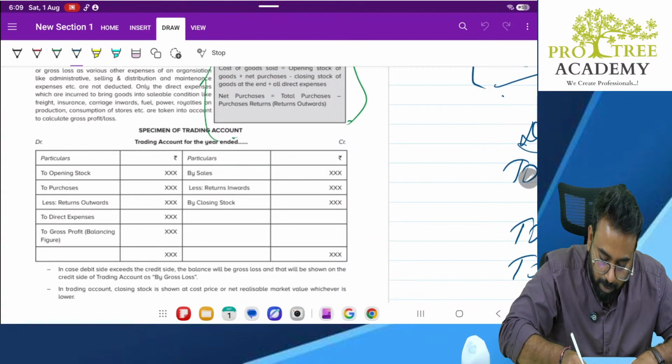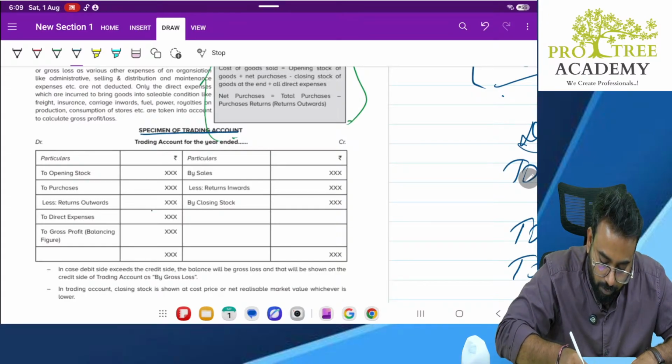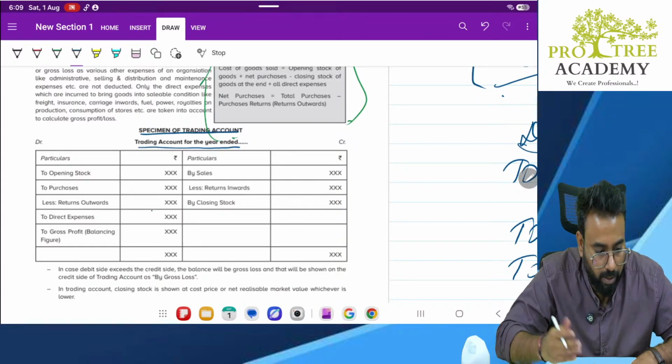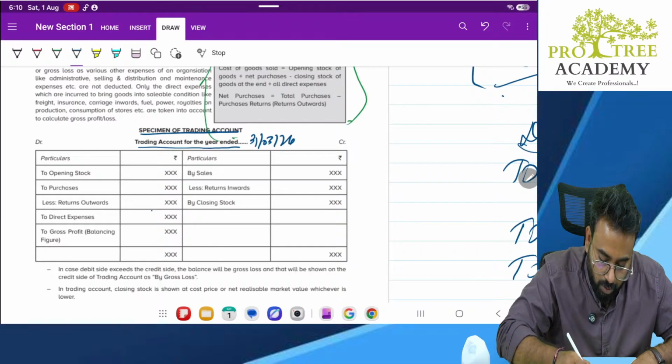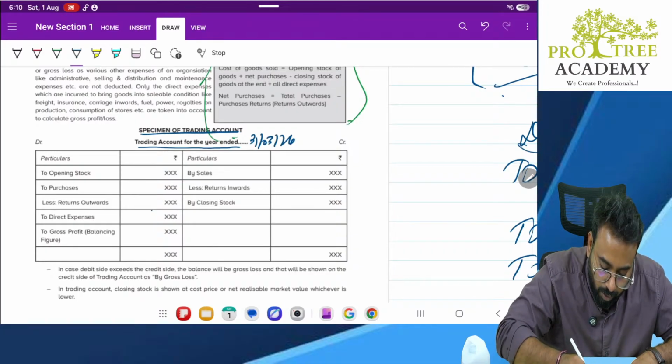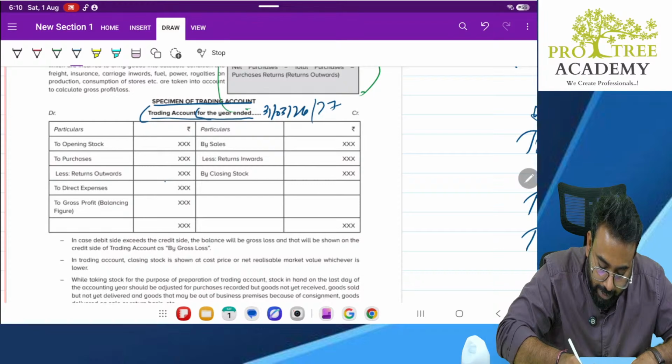So this is the specimen of trading account. Trading account for the year ended, whatever. If you are preparing for 31st March 26, it will be 26. If it is for next year, it will be 27, like that.